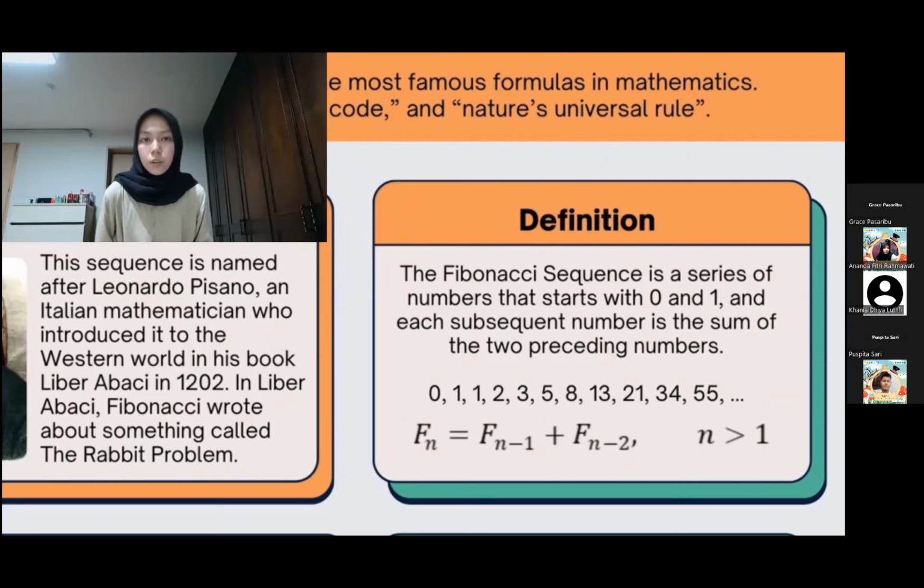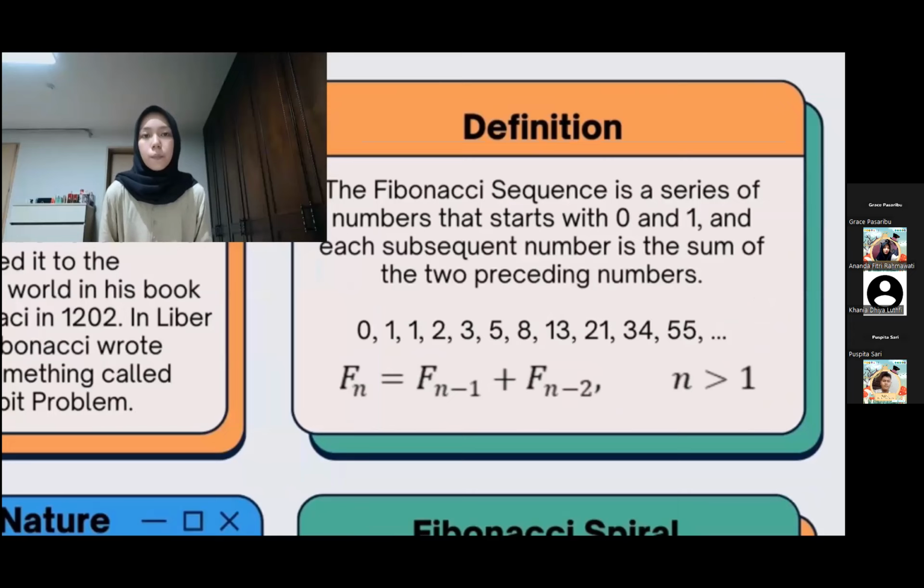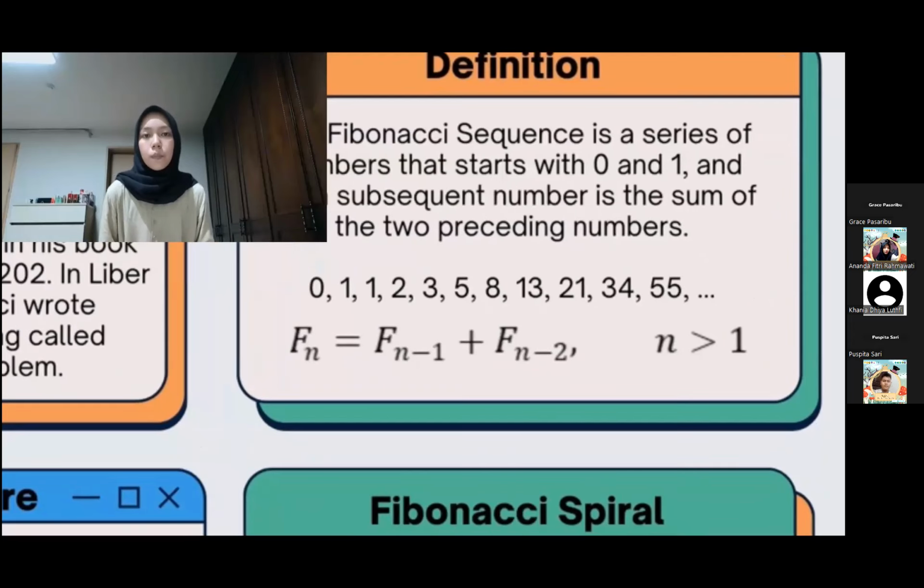Did you notice the pattern? After 0 and 1, each new number is the sum of the 2 numbers before it. This is the Fibonacci sequence. The individual numbers within the sequence are called Fibonacci numbers. The Fibonacci sequence can also be expressed using this equation: F_n equals F_(n-1) plus F_(n-2), where n is greater than 1.